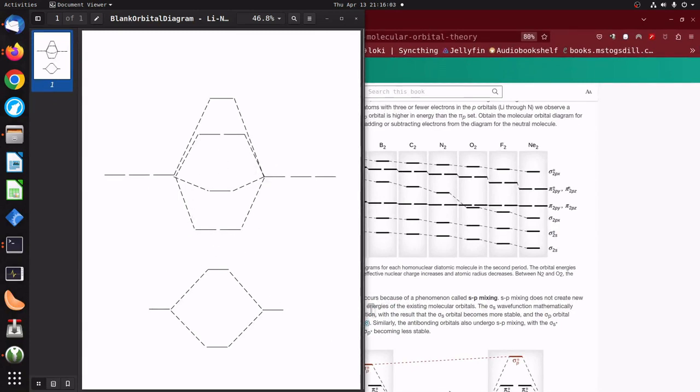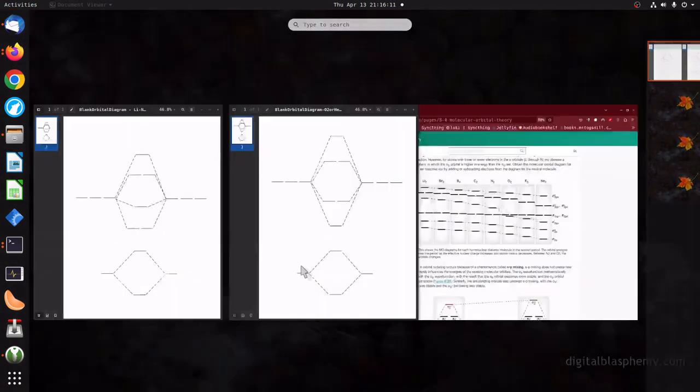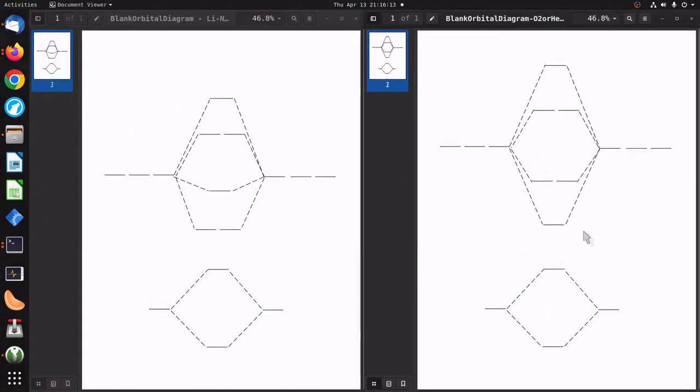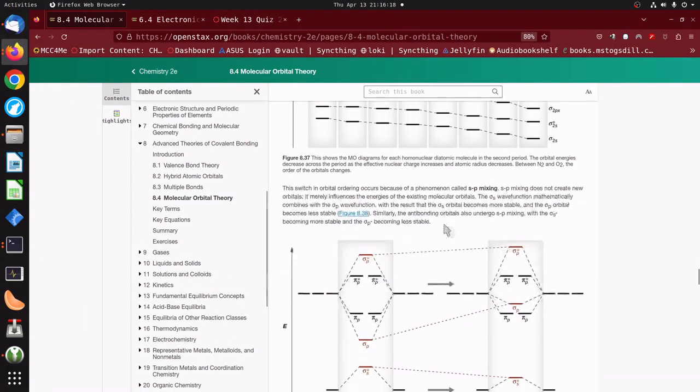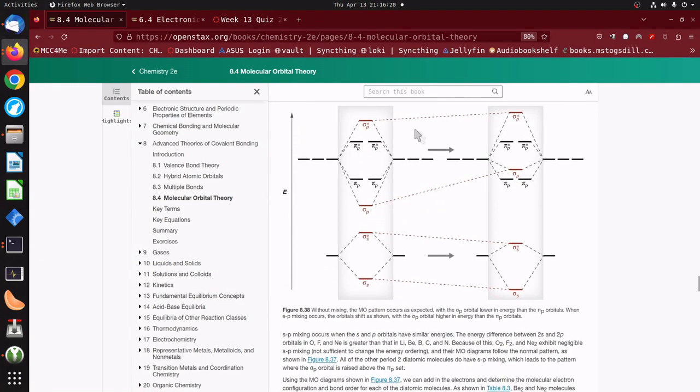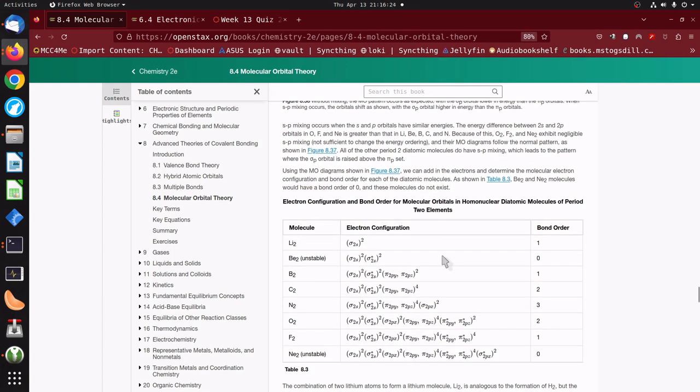All right. And if we have one that is oxygen or heavier, we're going to need to use the one where this is shifted down, or this guy right here. We kind of have an idea of how that looks here in this diagram.